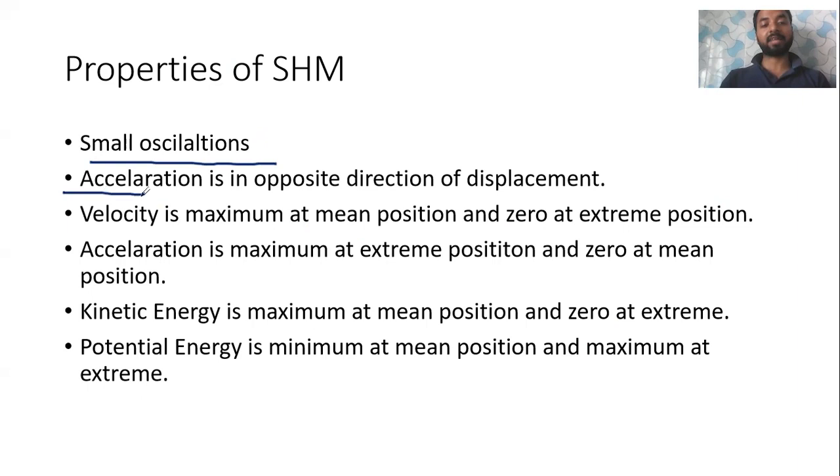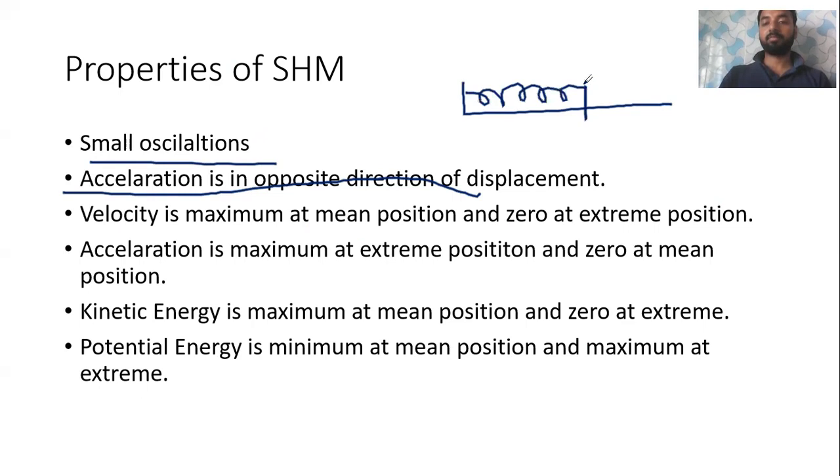Next is that acceleration is in the opposite direction of displacement. Now see, if I make a spring mass system, suppose this is a spring and this is a block of mass m.